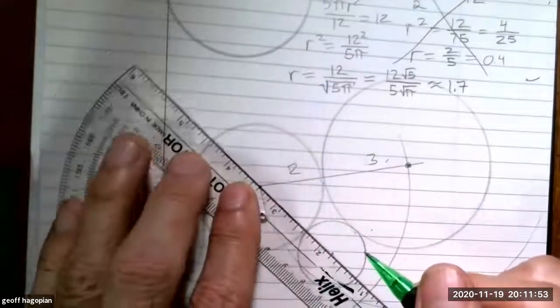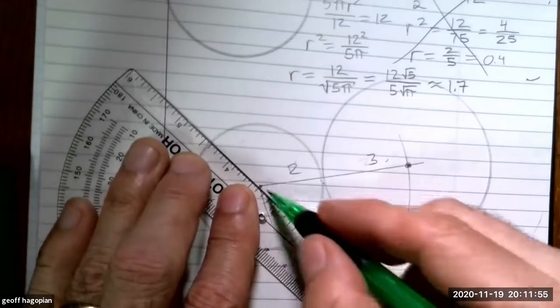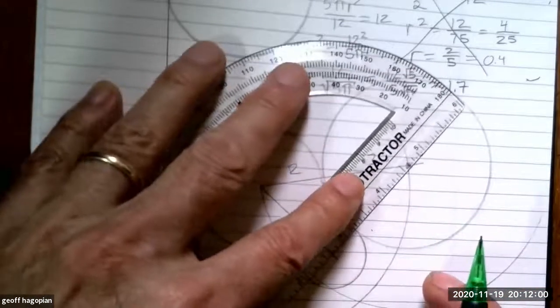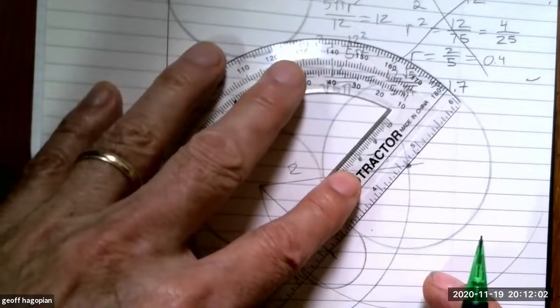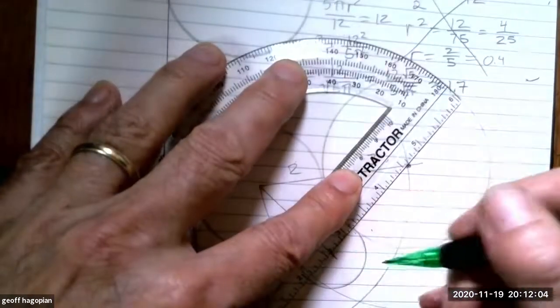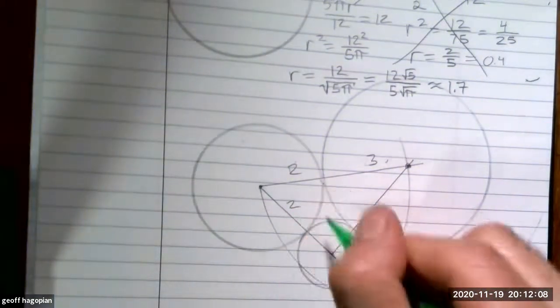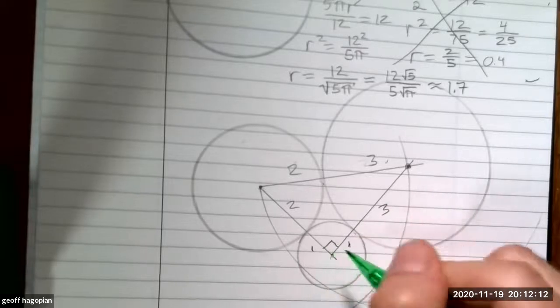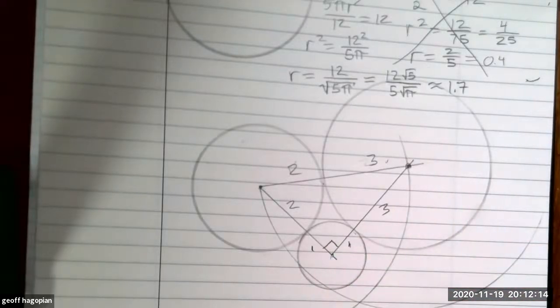If I join these two things, you notice that it goes through the point of tangency, right? Same thing over here. And so this is 2 and 1 and 1 and 3. So that's a 3, 4, 5 circle. So it satisfies the converse of the Pythagorean theorem.